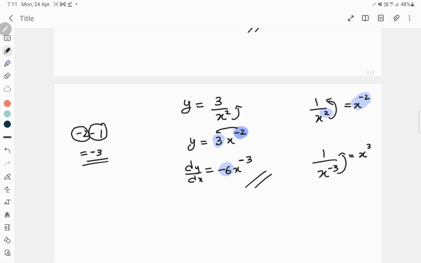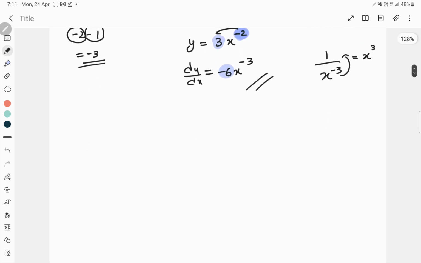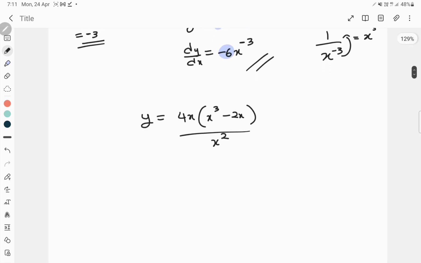Alright, let's get into another example. I'll give you some time. Don't think it's going to be hard, even though it has a lot of terms. Alright, can you try this? First expand.